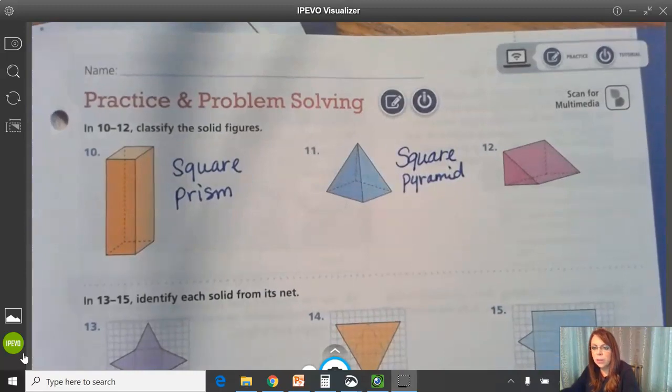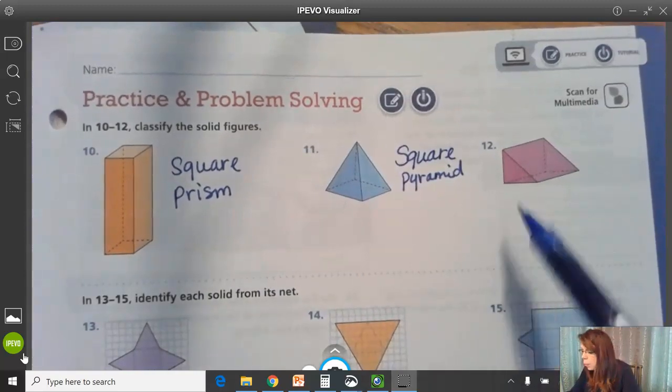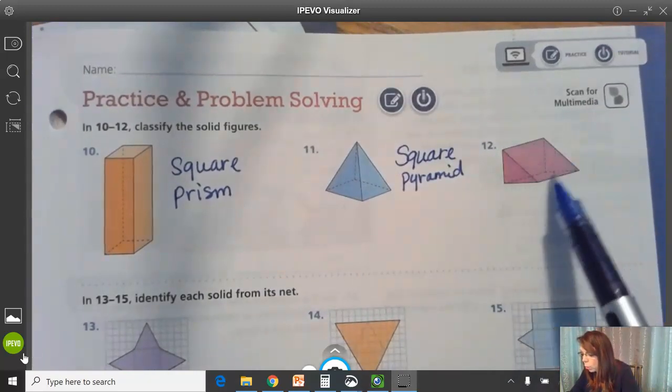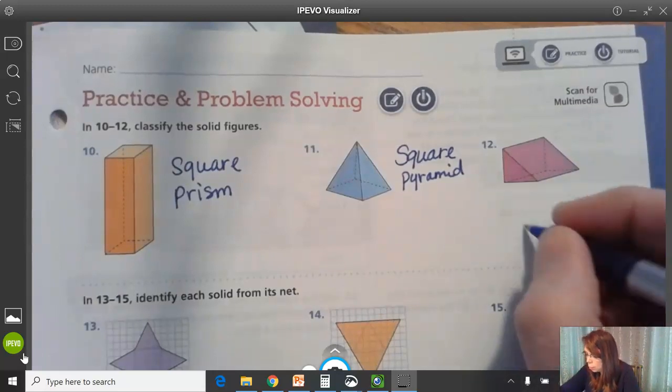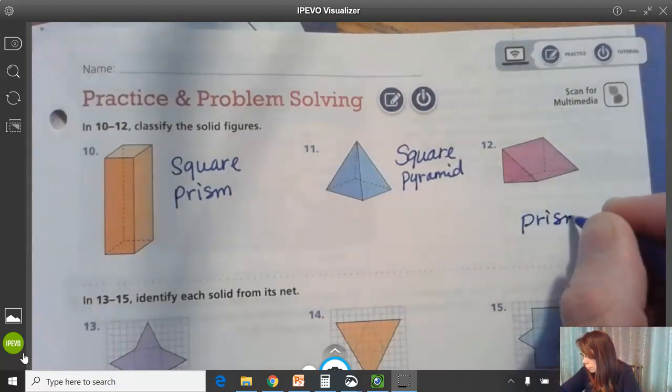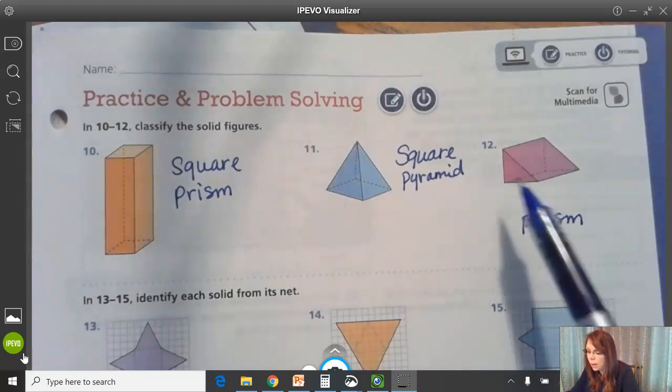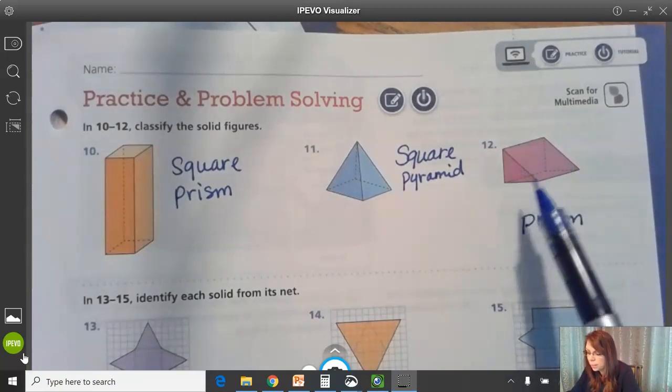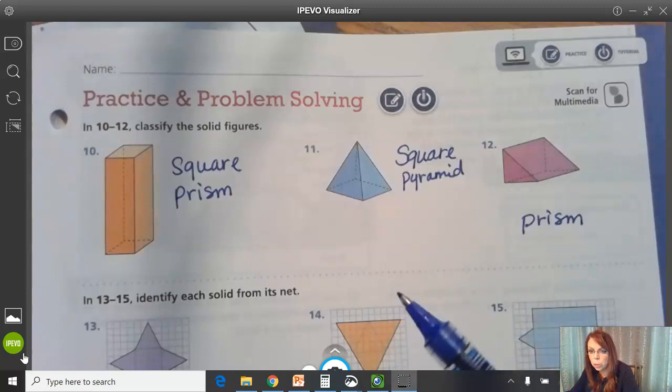And then the last one over here, number 12, we can see that it has square or rectangular sides, so that makes it a prism. And then we identify what kind of prism it is by the bases where there's either one or two that are identical.